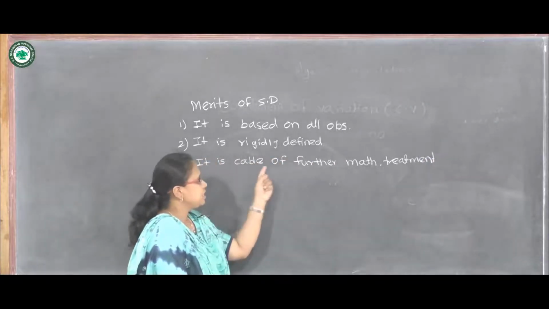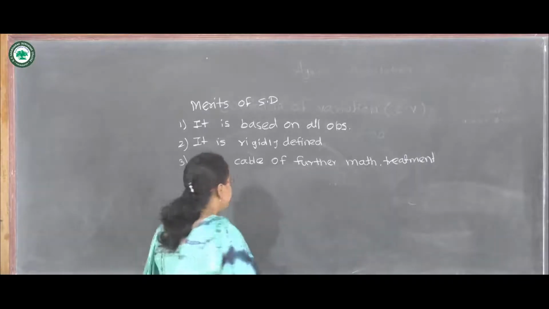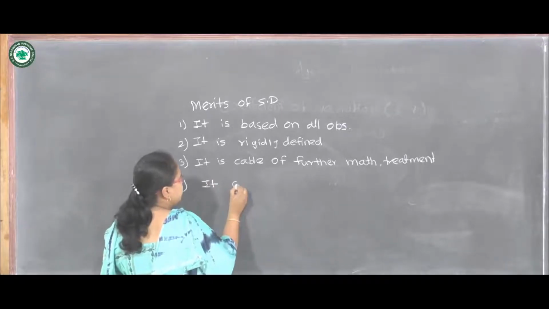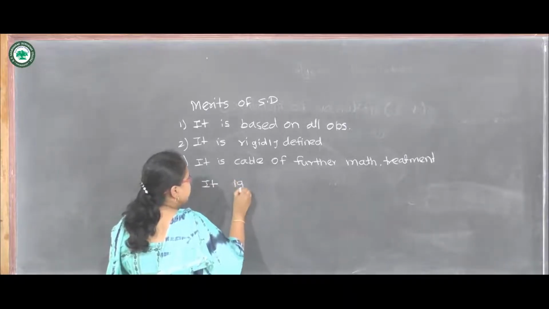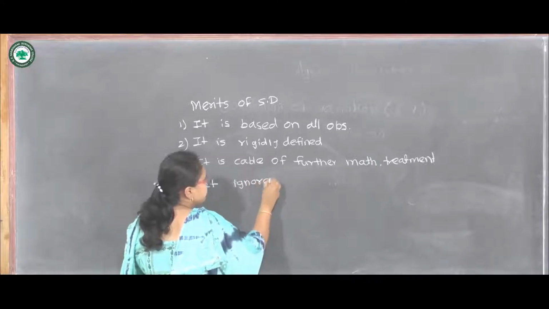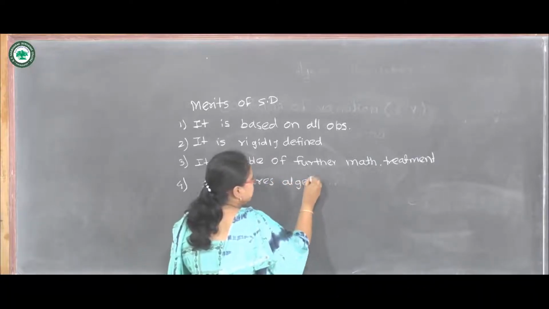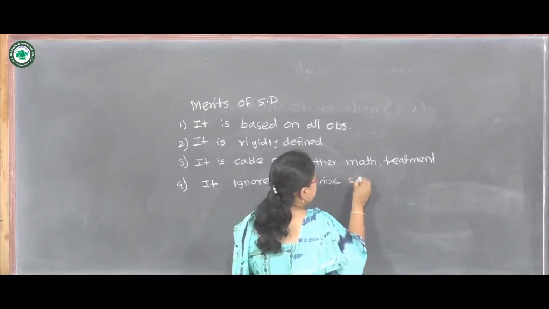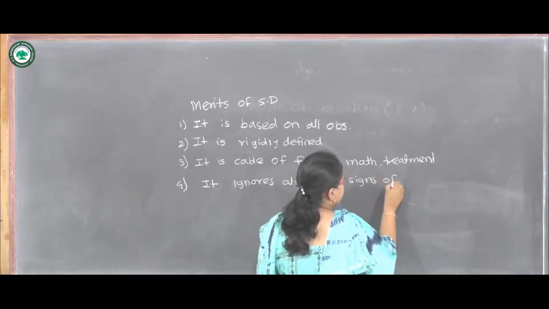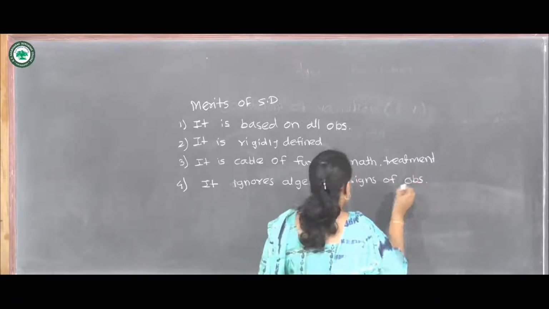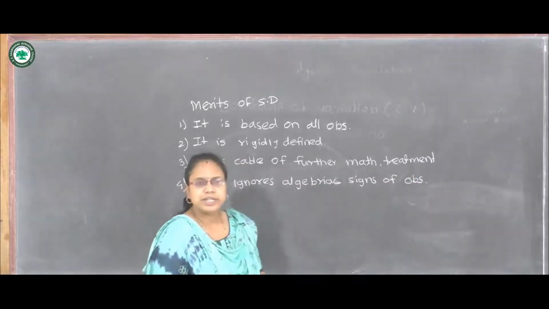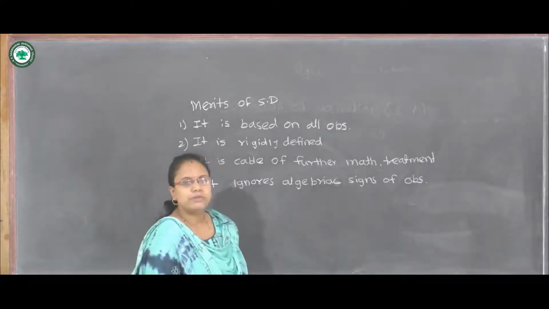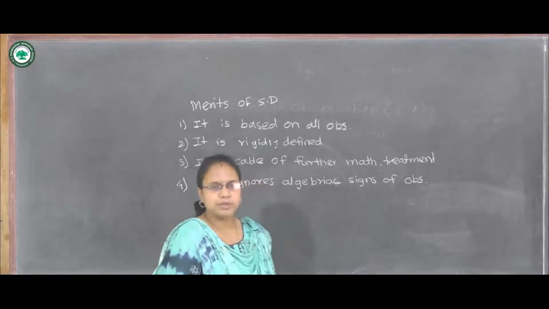Next, it ignores algebraic signs of observations, and it is less affected by sampling fluctuations. So these are some merits of standard deviation, which is a measure of dispersion.